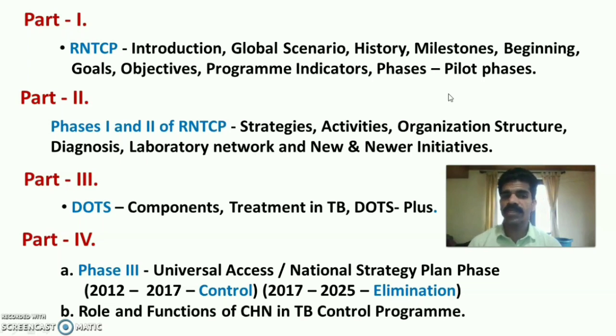The first part video ended with the pilot phases of RNTCP, and in this second part, I would like to talk about phase 1 and phase 2 of RNTCP, which includes strategies, activities, organization structure of RNTCP, diagnosis, laboratory network of RNTCP, and new and newer initiatives under RNTCP.